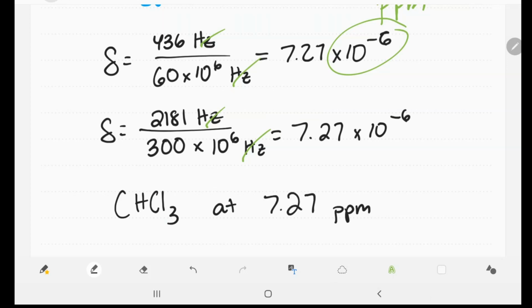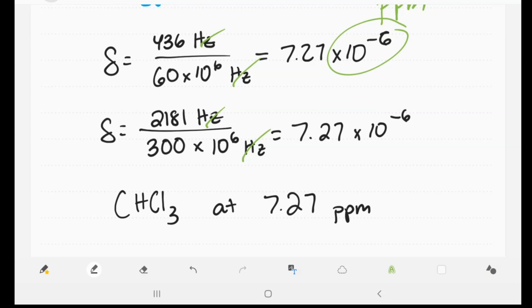I learned it as 7.26, so that's why it's still stuck in my head that way, but close enough. So chloroform's hydrogen shows up at 7.27 ppm no matter what instrument we use. And it's just going to be a nice little singlet because there's only one proton, there's no other protons messing with it, so we just see one nice little peak at 7.27 ppm.